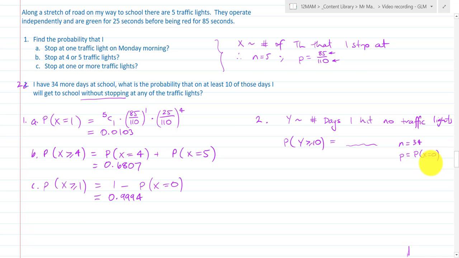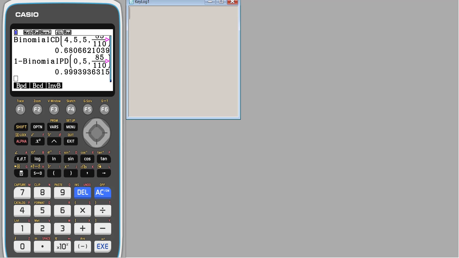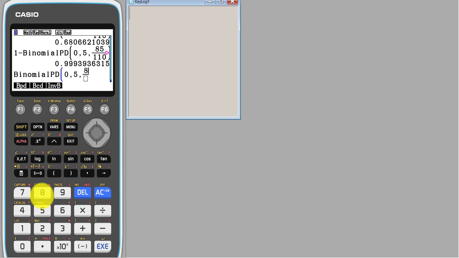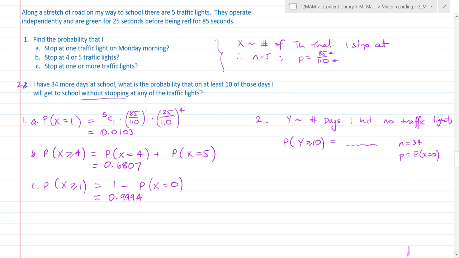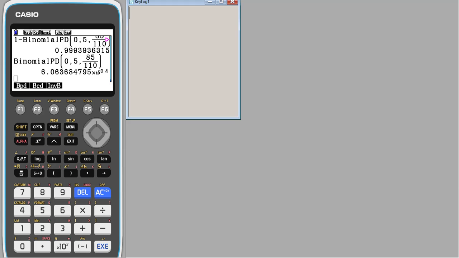And so if I work out the probability that X equals 0 by saying BPD 0, 5, 85 over 110, close brackets, that's now my p value, my probability of success. But I'm going to do a cumulative probability from 10 to 34 for 34 events with that p value to calculate this. So it's a BCD.